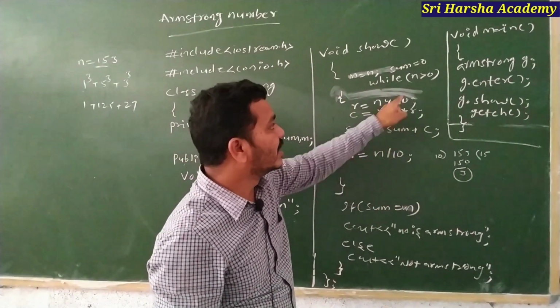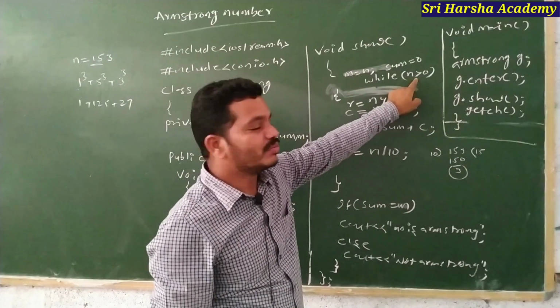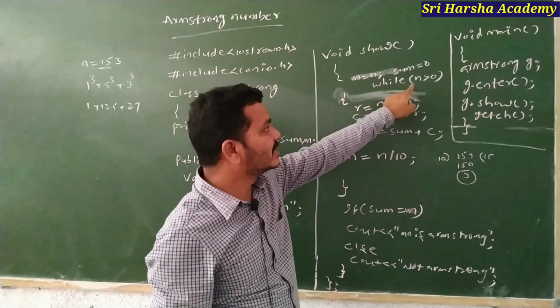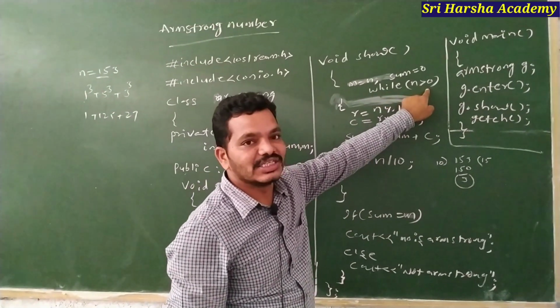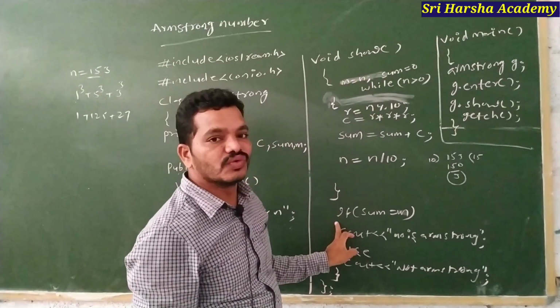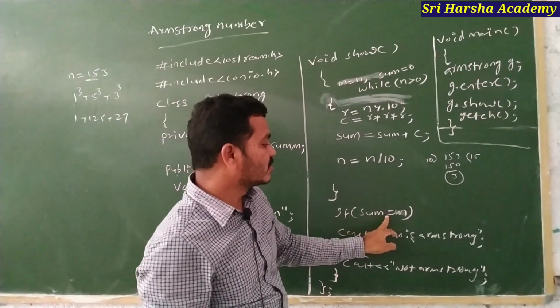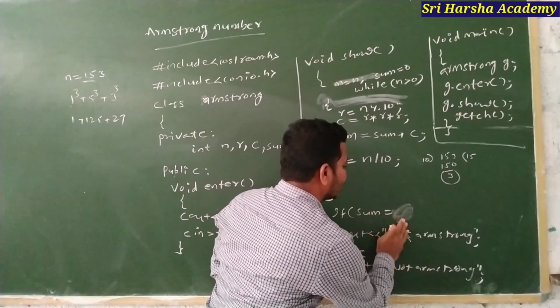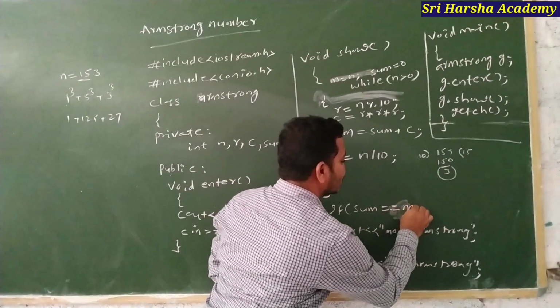Here I am using a while loop because this block of logic statements repeats a number of times until the condition is false. Finally the n value we get is 0, so n greater than 0 is false, then control comes out of the loop. Then it checks sum is equals to m.